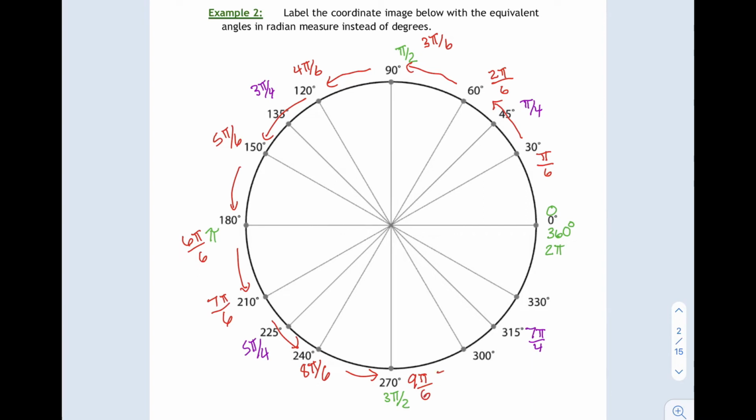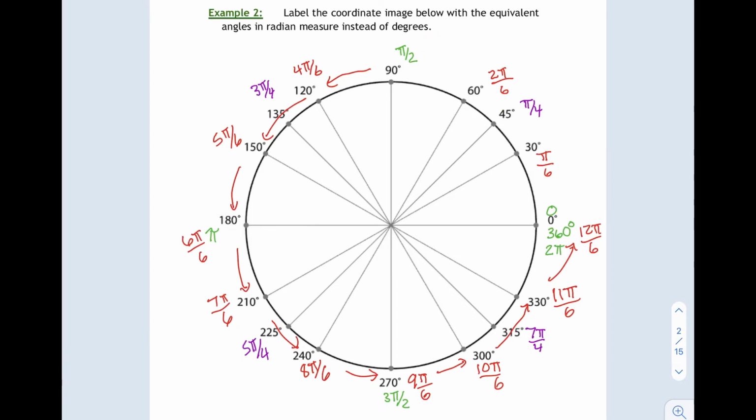And I will reduce these in my final picture. I'm just sort of counting them up right now. So whenever I'm labeling all of these angle measures, this is exactly what I think through to get my angles in radians labeled. So let's reduce some things.